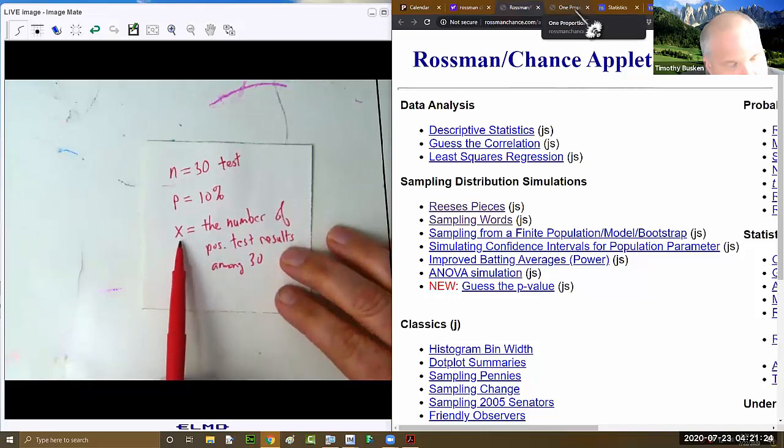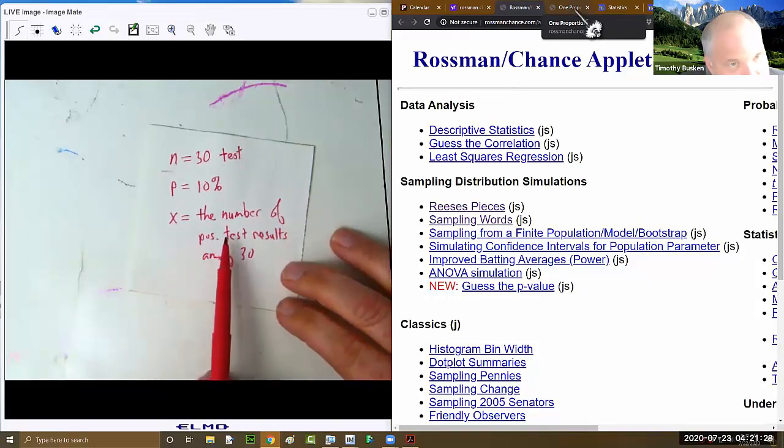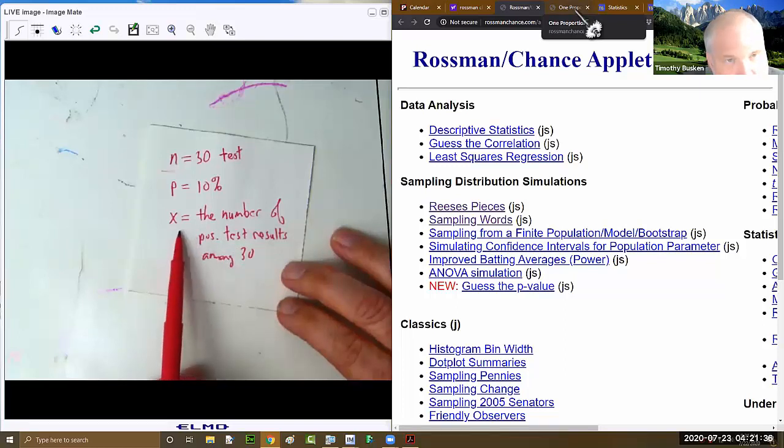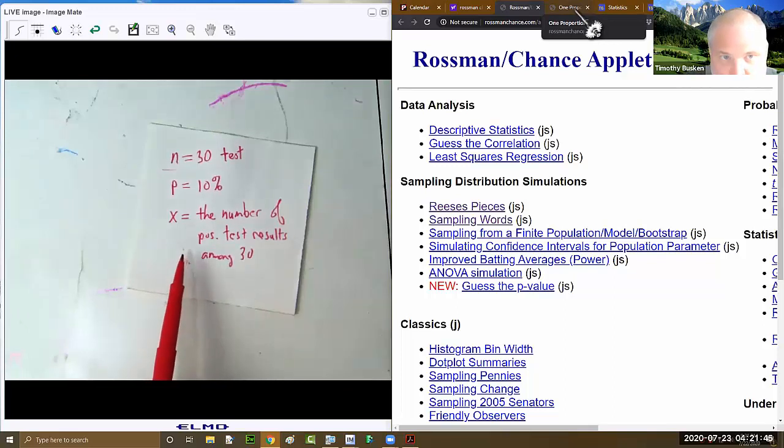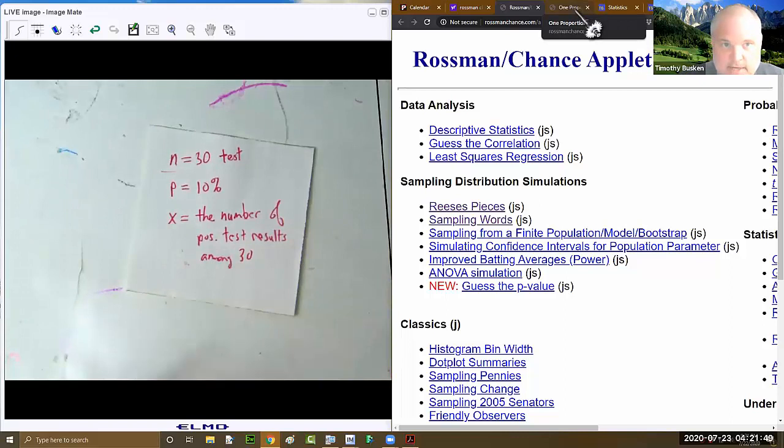The trials are independent because if it's a random group of 30 people, which could come into question here, whether or not the first person tested is positive has no bearing on whether the other tests were positive, assuming this is a random sample.